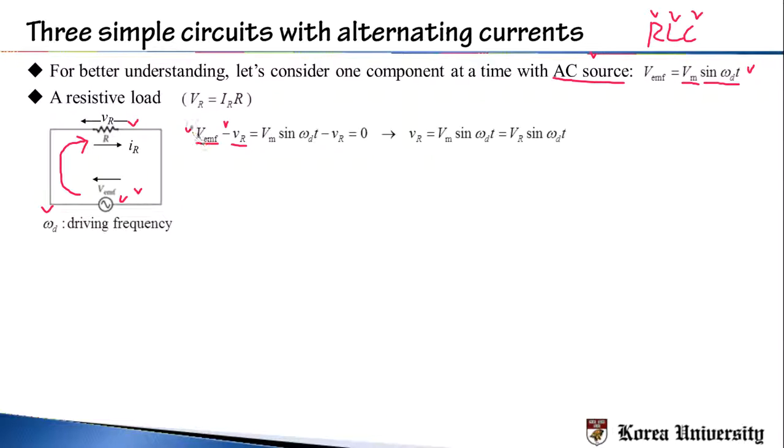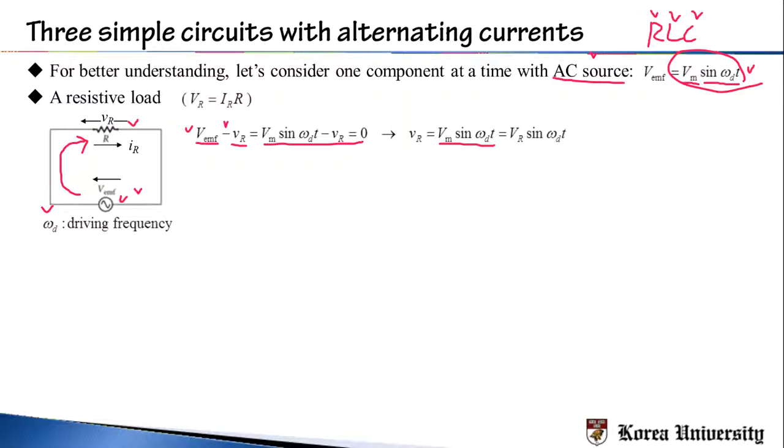And of course V EMF we already have here, so simply write it this way, and it becomes 0. So the voltage across the resistor will be simply Vm sine omega d t, which is actually the same as the potential supplied from the EMF device.